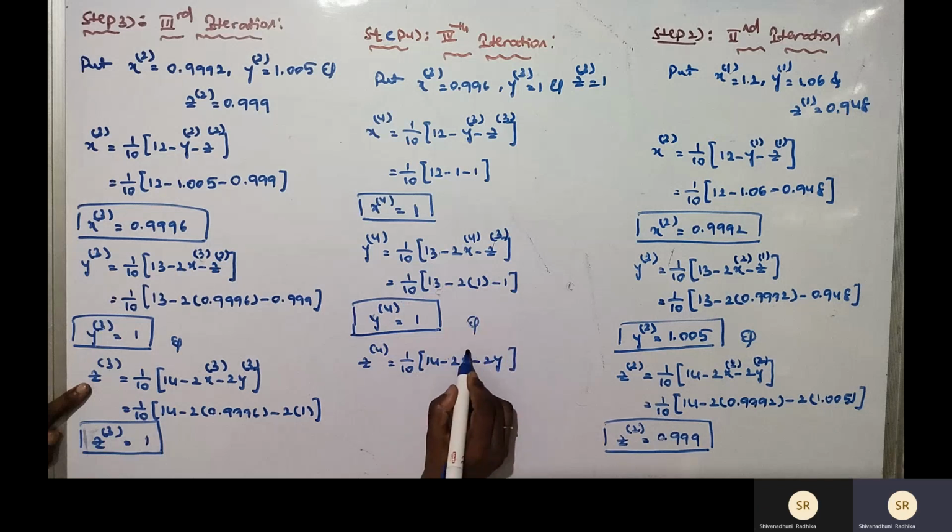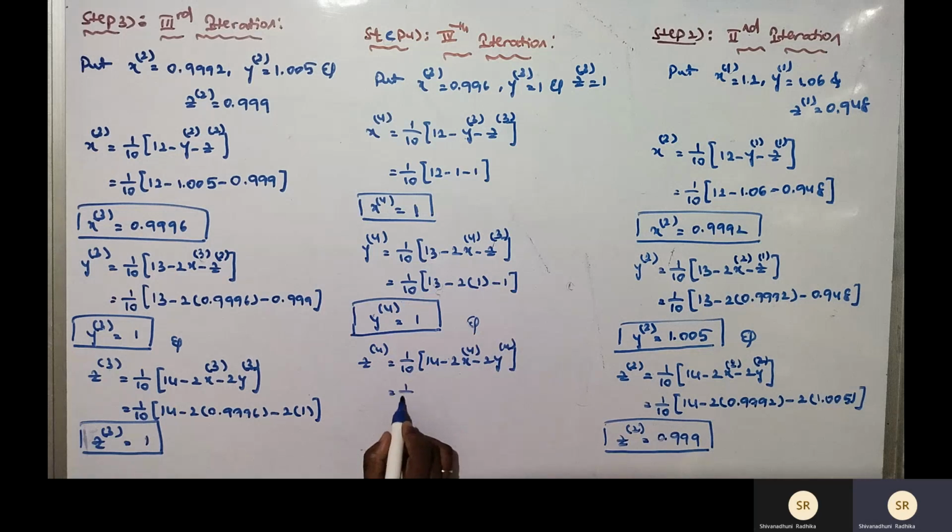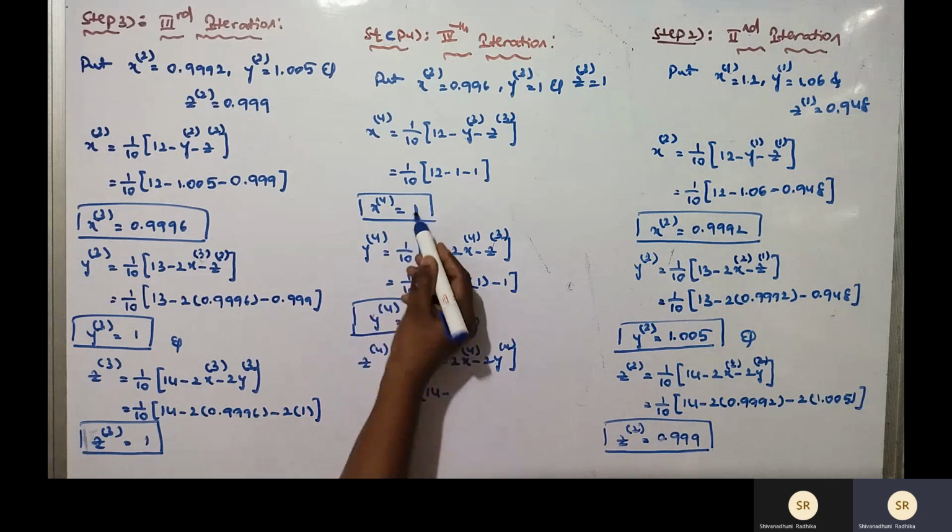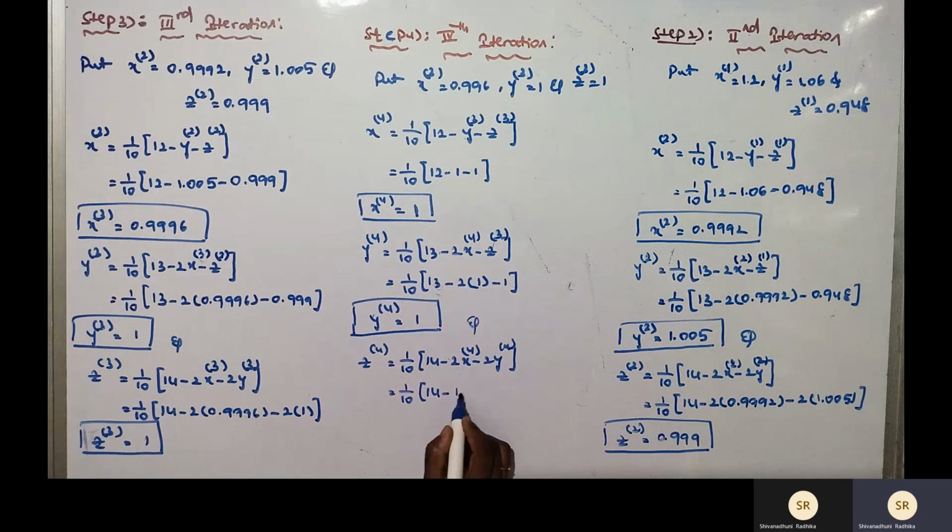In the RHS, x last approximation is the 4, y last approximation is the 4. Just substitute there: 1 by 10 into 14 minus 2 into x fourth approximation 1, minus 2 into y fourth approximation 1. So we get here z fourth approximation is the 1 using the calculator.